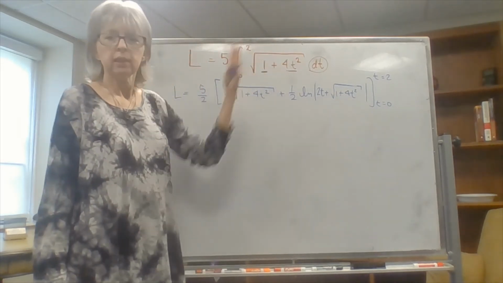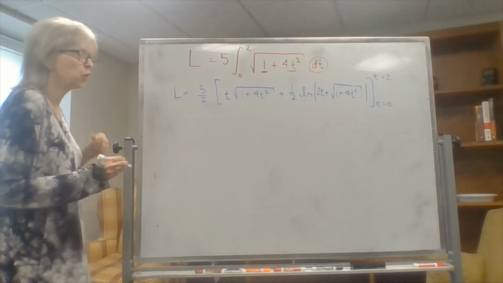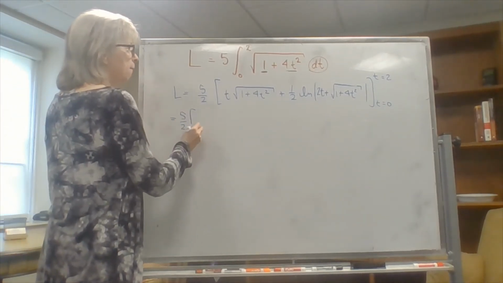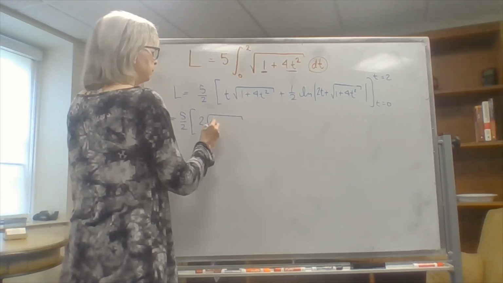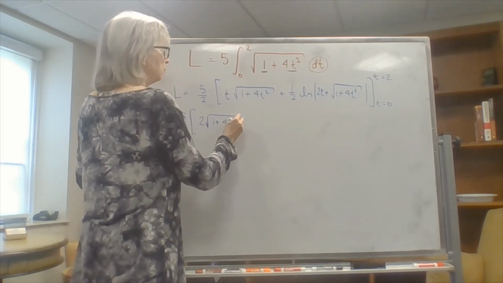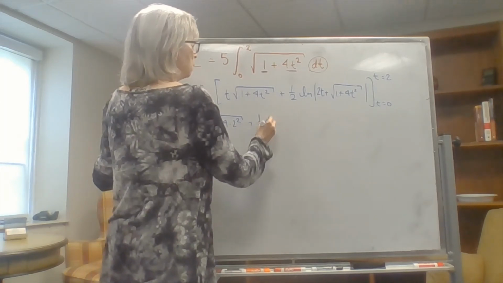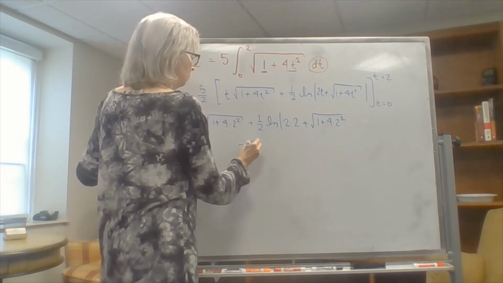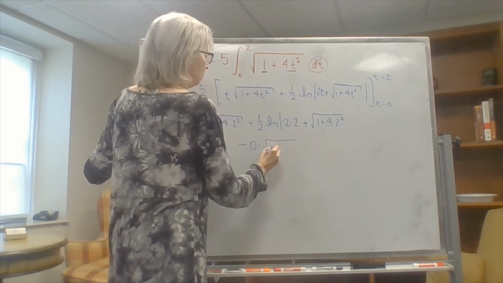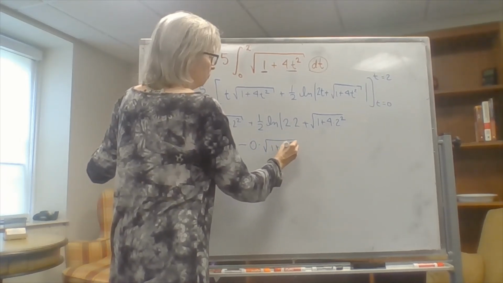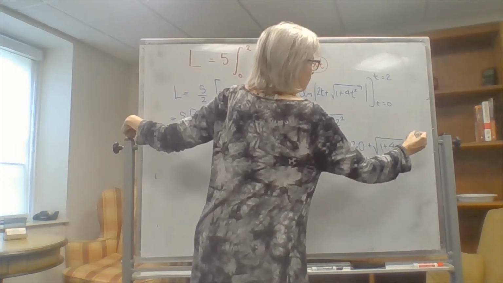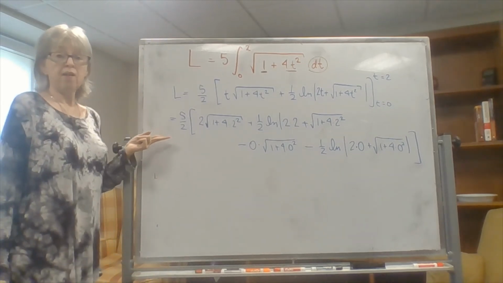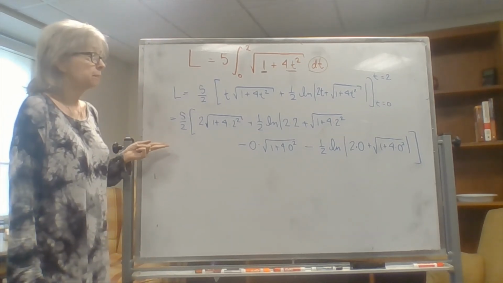And now, t equals 0 to t equals 2, plug in the top, subtract what I get when I plug in the bottom. My 5/2 is still hanging out in front.